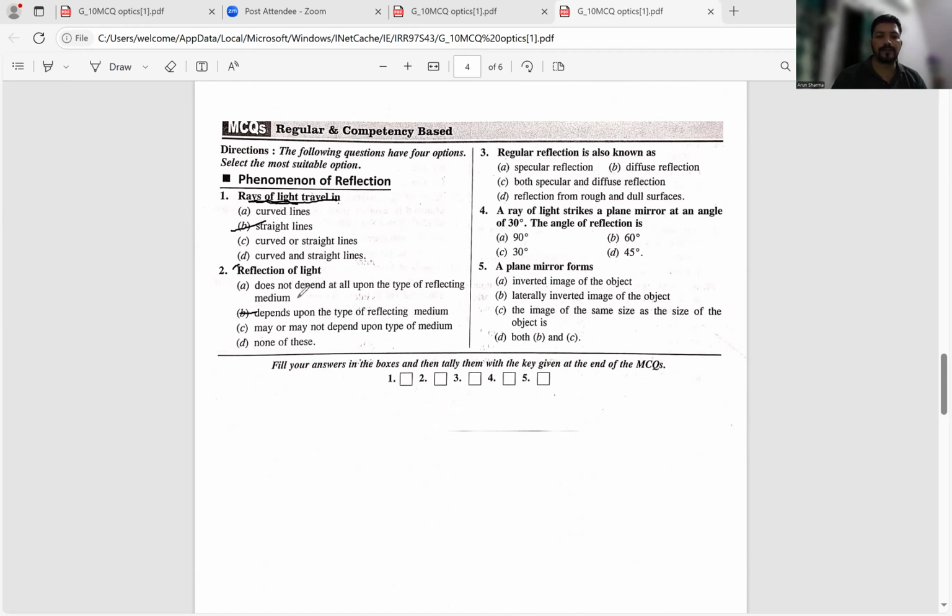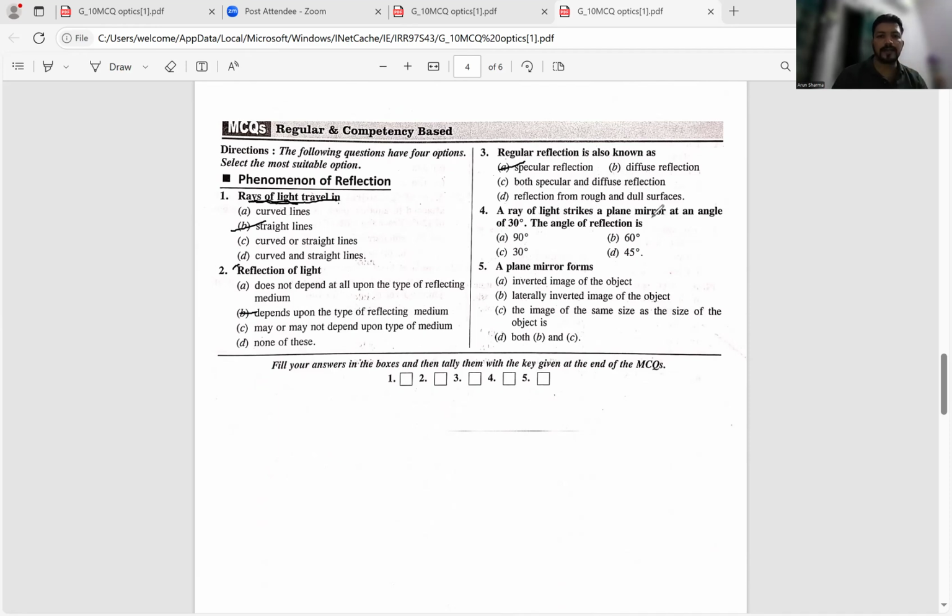It depends upon the reflecting surface. Now the third question, all students of 10th and 12th, a regular reflection is also called specular reflection, diffuse, both A and B. So the answer is A.